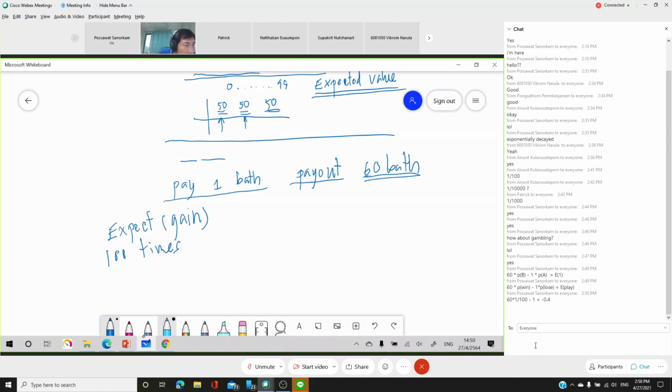60 multiplied by the probability of winning, minus 1 times the probability of losing, 1 baht.